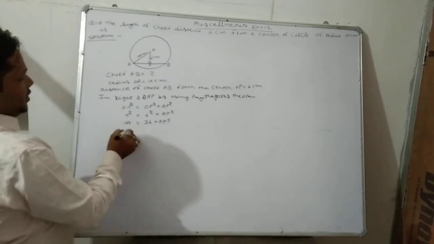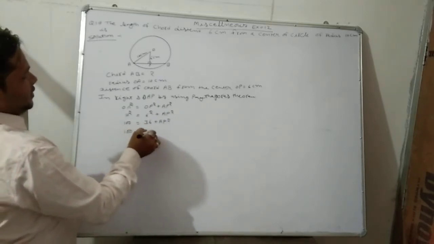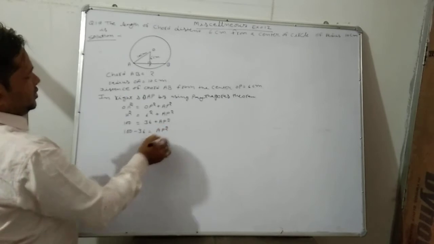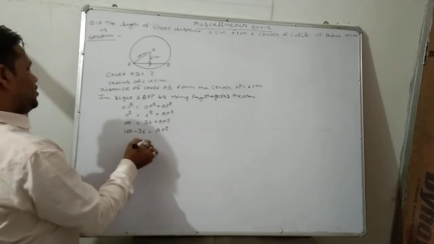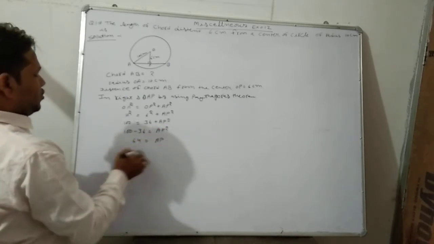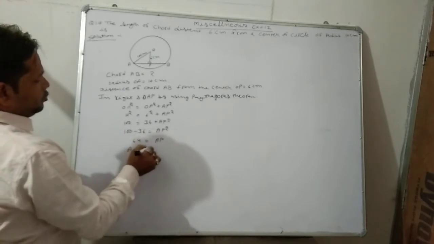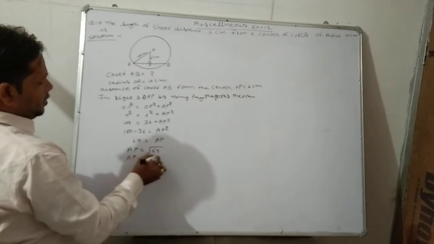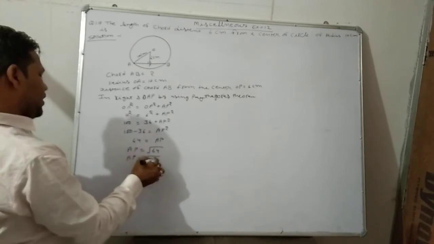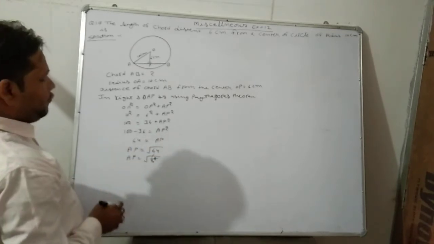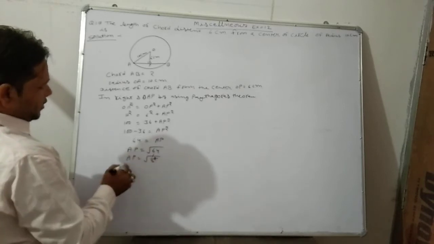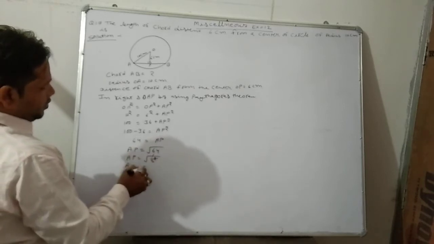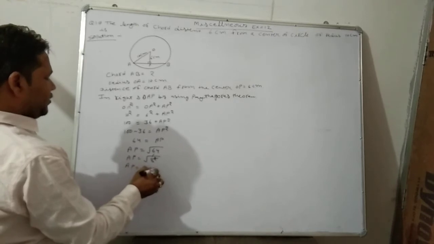By transformation, 100 minus 36, AP square is equal to 64. So AP is equal to square root of 64, which is square root of 8 square. Square cancels by square root. AP is equal to 8 centimeter.